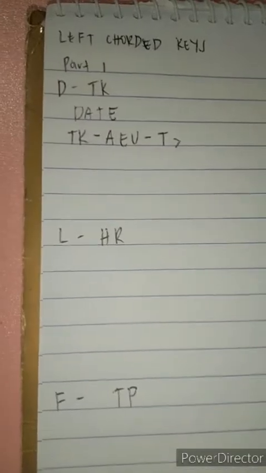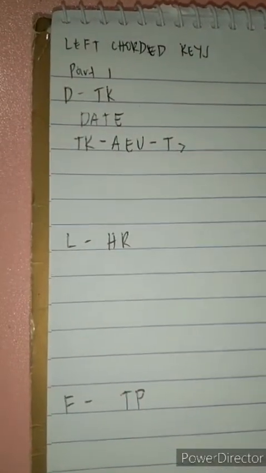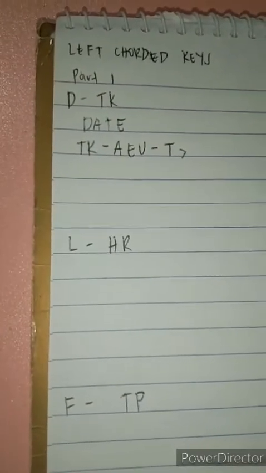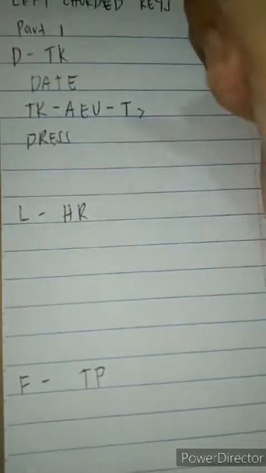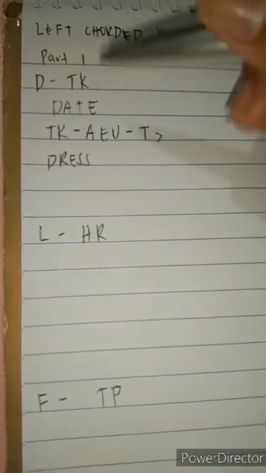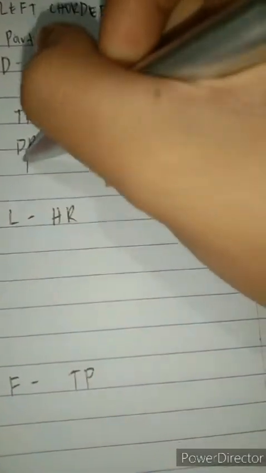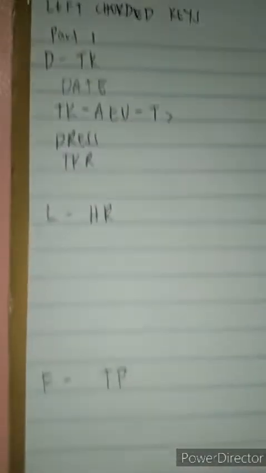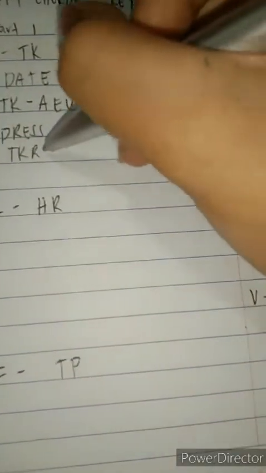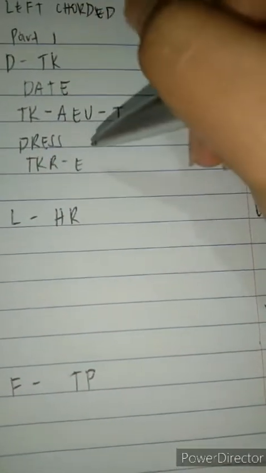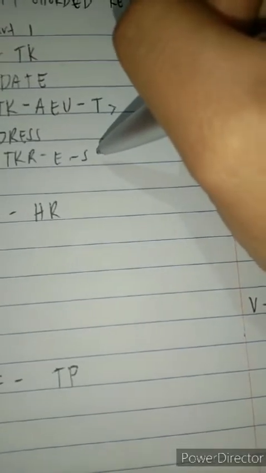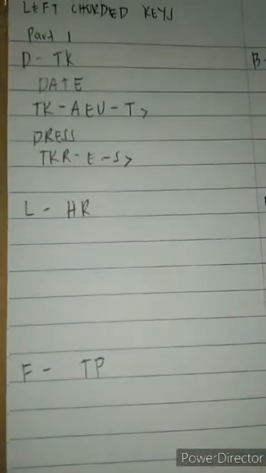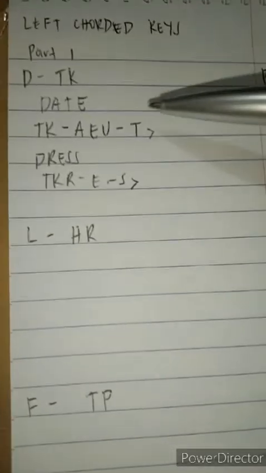And then, next example, the word dress. So, again, T and K, then R, and then short E, and then S, ending sound S, and then release. So, that's date and dress.